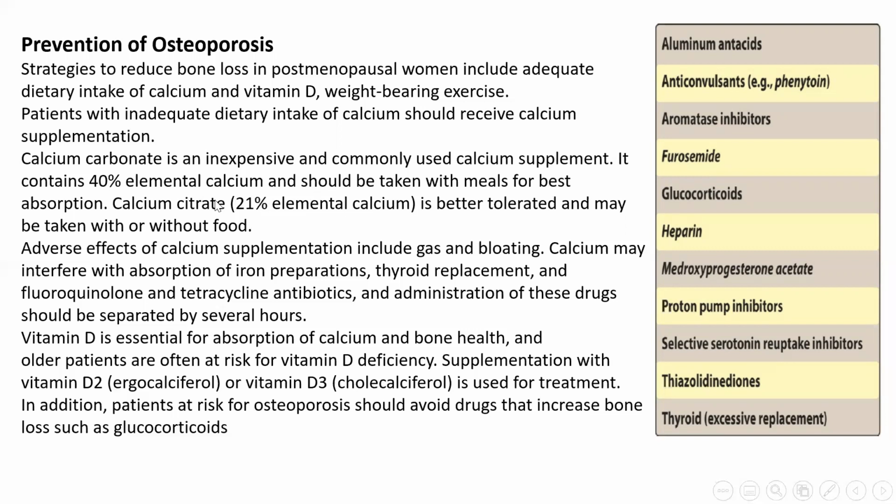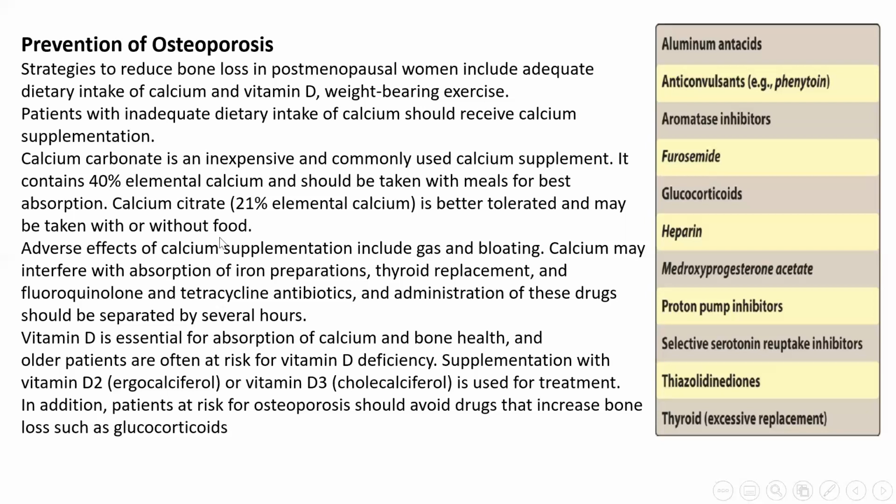On the other hand, calcium citrate provides around 21% calcium, so it is a less rich source in comparison with calcium carbonate. However, it can be better tolerated, so it is better for patients, and there is no need to take it with or without food, because food does not affect the absorption of calcium citrate.